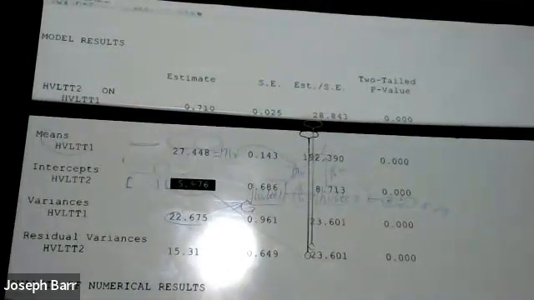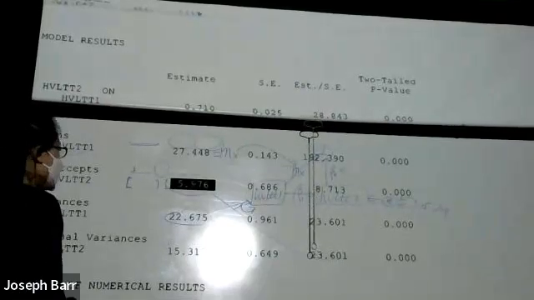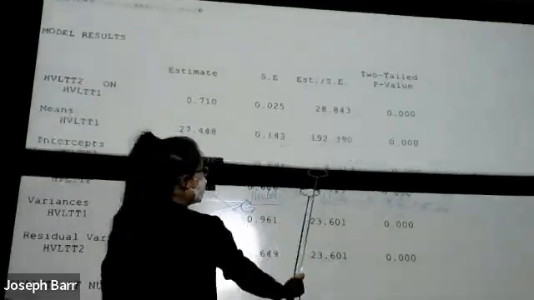That's our main model. MX, beta 0, beta 1, variance of the independent variable, variance of the residual dependent variable. All of these are reported here.